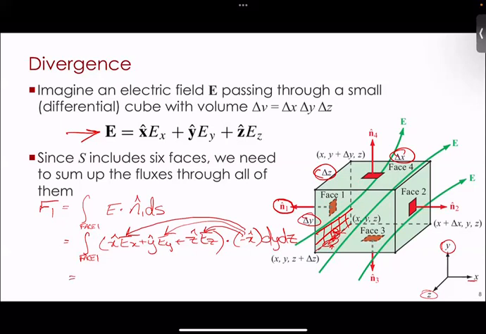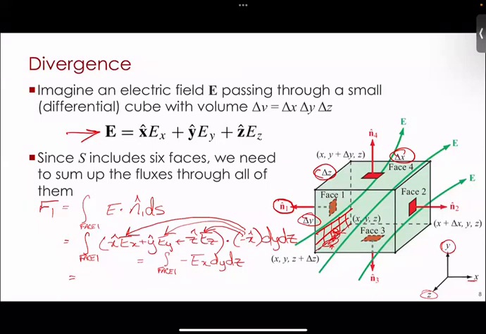So what we're really left with here, let me do this intermediate step, face 1. We have minus 1 times Ex dy dz. Now we're going to simplify something. We're saying this is a small differential cube, so the electric field doesn't vary that much across this face.